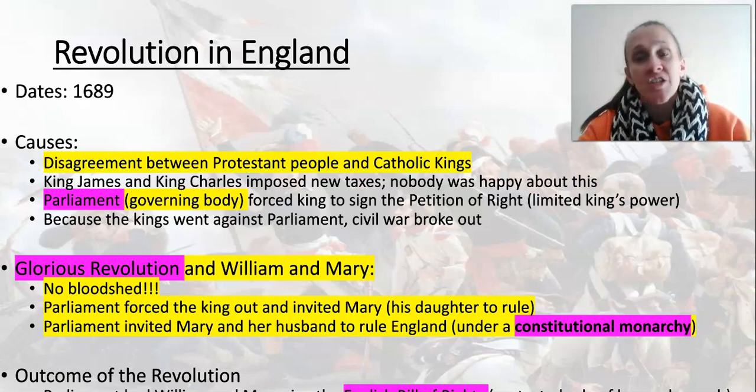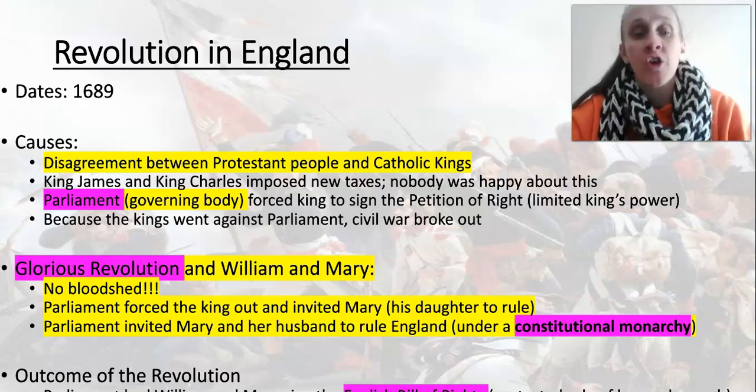And because the king is going to go against what Parliament says, then a civil war is going to break out. So the causes for the revolution in England is that your Catholic kings don't want the Protestant people to worship. The Catholic kings will raise taxes. Parliament will be upset with the kings, and then civil war is going to break out.